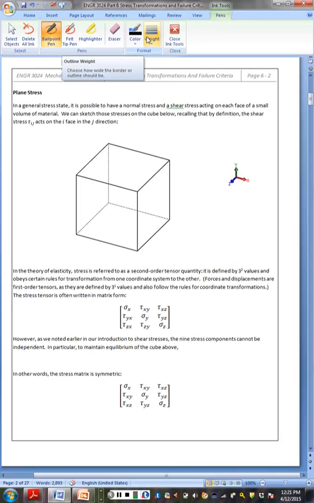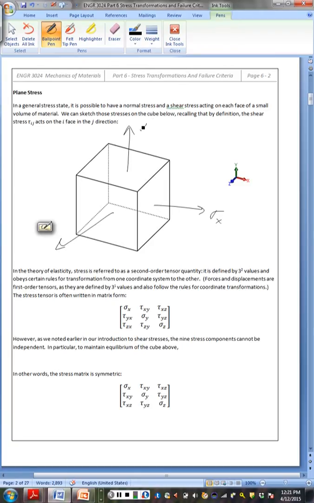So we can have normal stresses on each of the faces. We have a sigma x, a sigma y, and a sigma z.